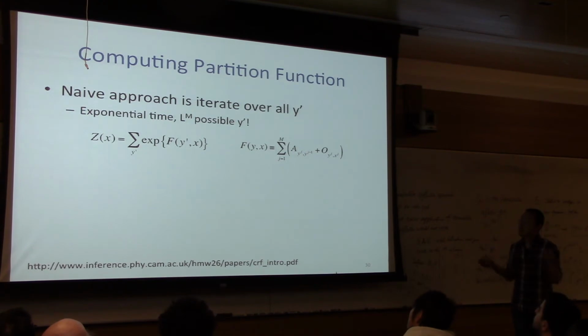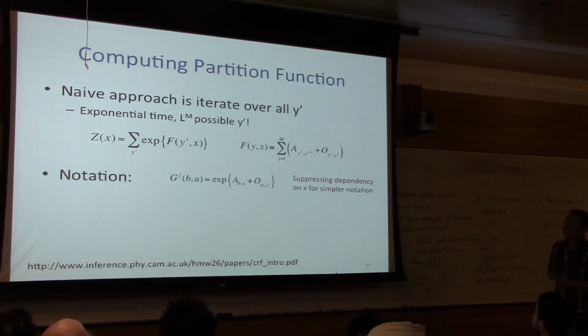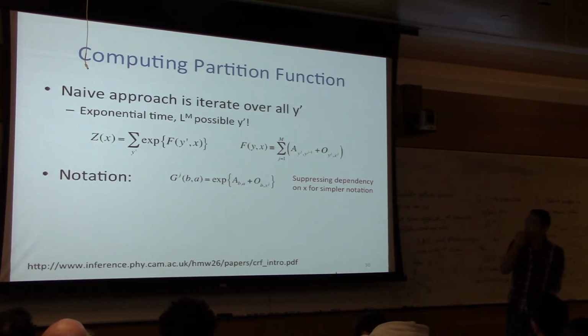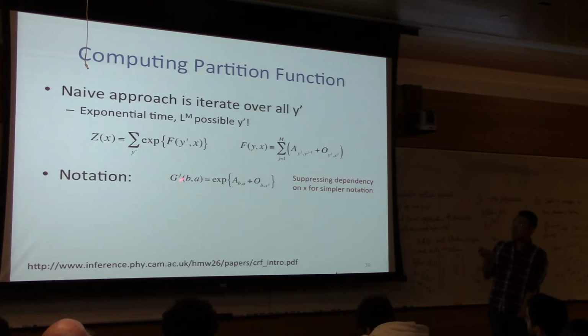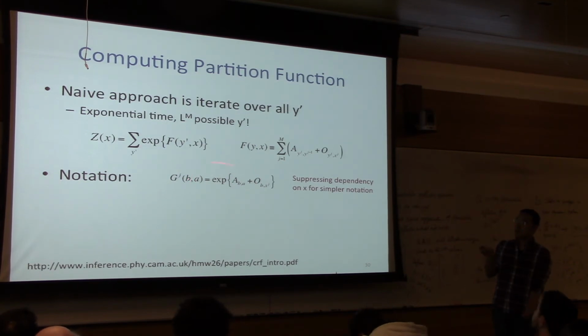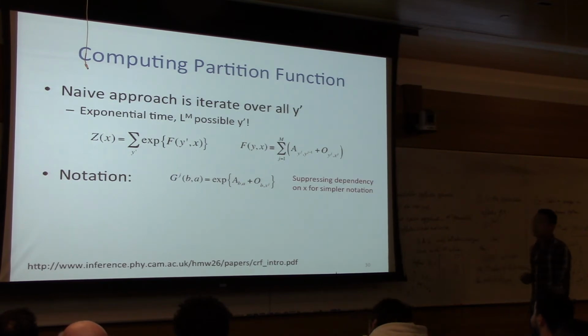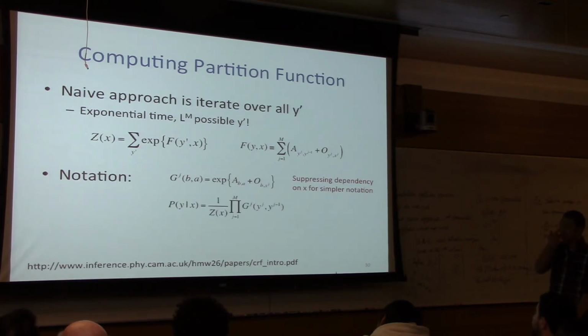Okay, so I guess we've already talked about this ad nauseam. The naive approach is exponential time. So here's how we can do it more efficiently. A little bit of notation: let G be a matrix where the entry corresponds to this term at token j.